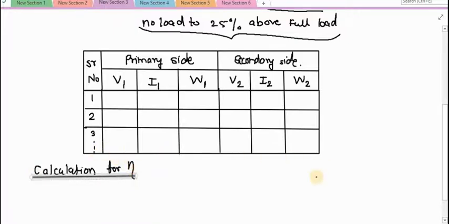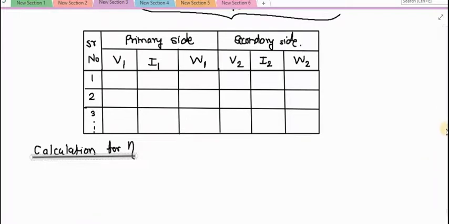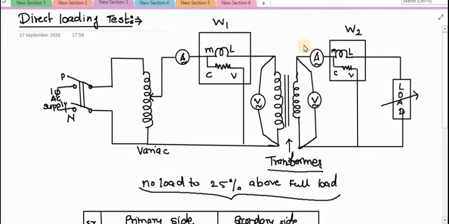So first of all, see the calculation for efficiency. The wattmeters on the primary and secondary side respectively read the input power and the output power, right? The wattmeter connected on the primary side will give me the input power, and the wattmeter connected on the output side gives me the output power. So what is our efficiency?